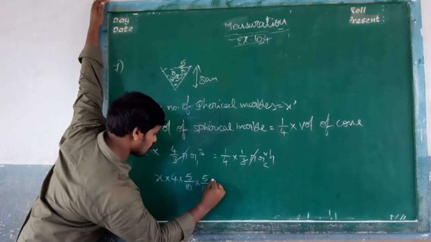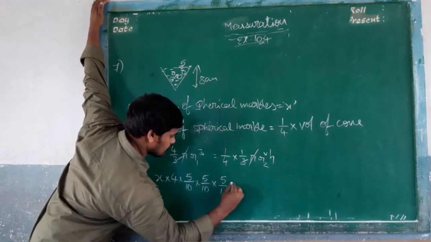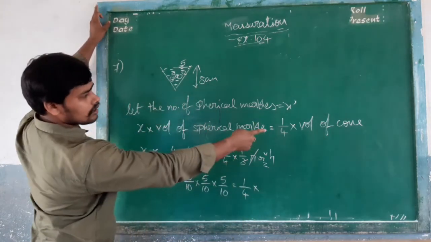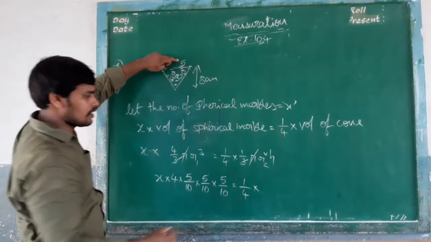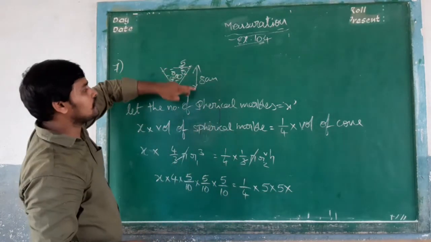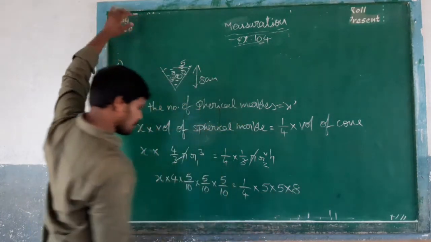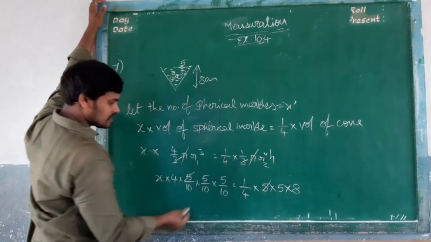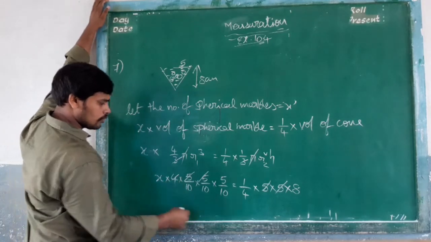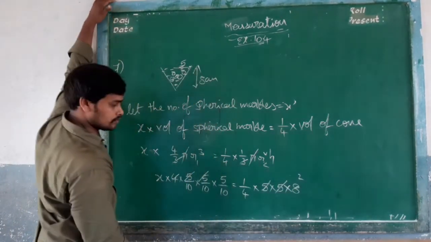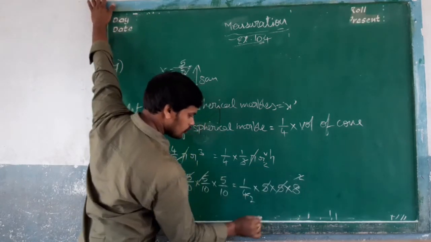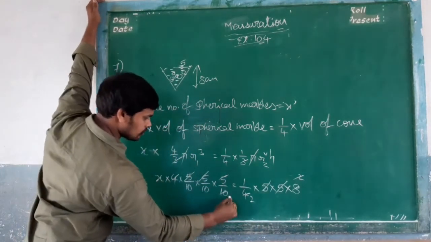That equals 1/4 times the radius of the cone, 5, squared, times the height of the cone, 8. The 5s cancel. 4 in 8, 2 times. 2 in 4, 2 times. 5 in 10, 2 times.